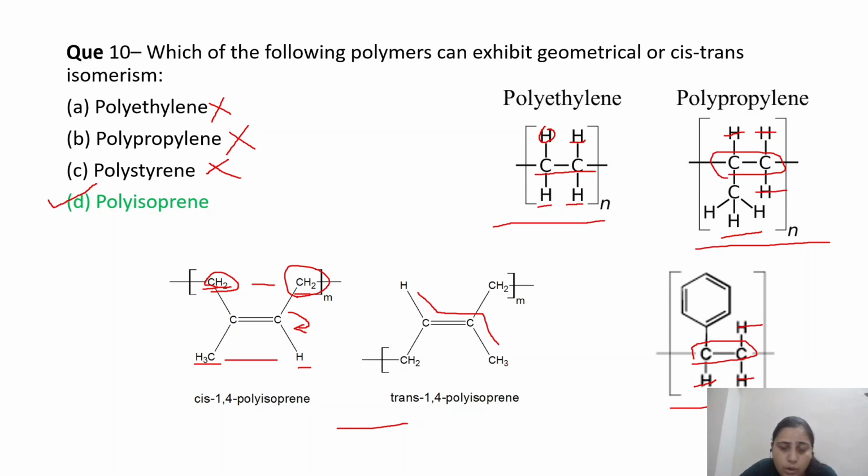Now due to the rotation in the C double bond C, we can see a different, non-superimposable structure after rotation, because here these two groups are at the same side, while in the trans they are at the opposite side and they form a different chemical structure. So polyisoprene shows the cis-trans or geometrical isomerism.